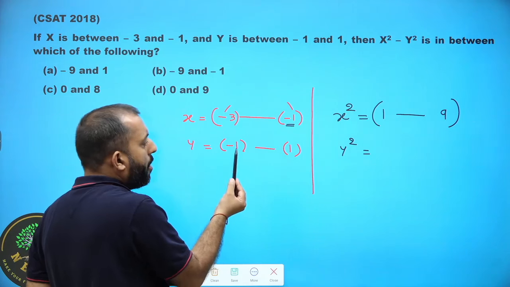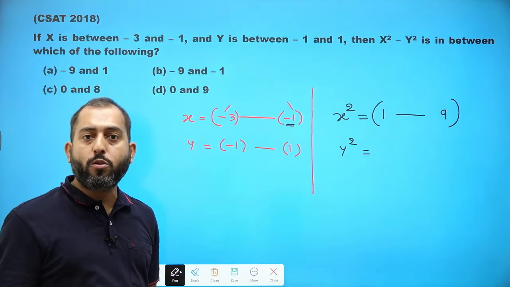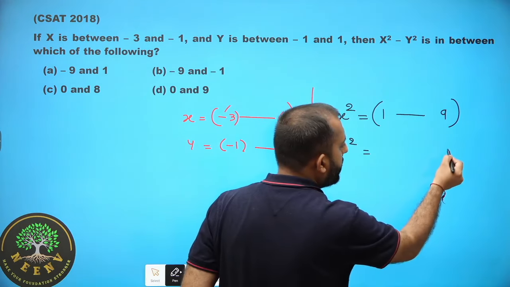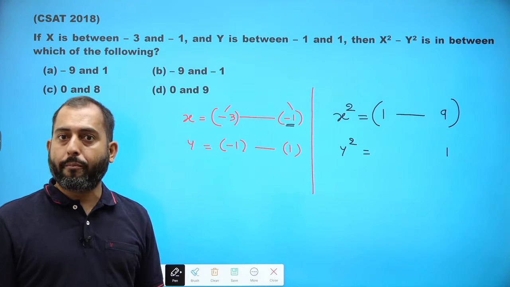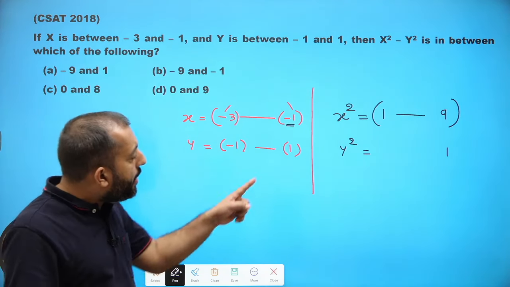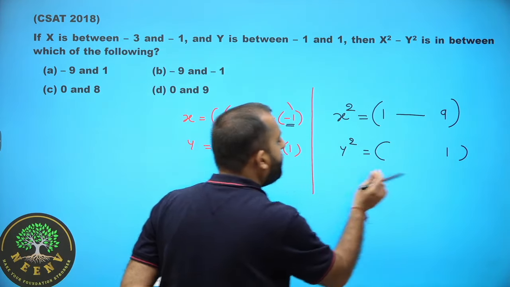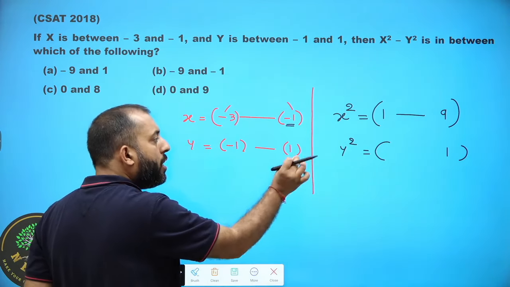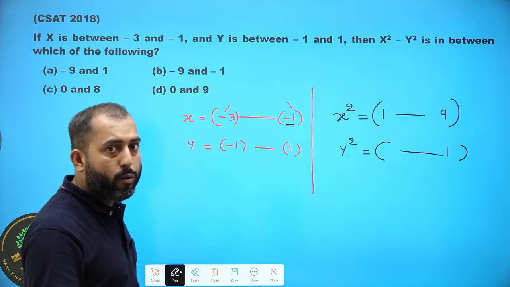What is -1 square? -1 square is 1. What is 1 square? 1 square is also 1. So in case of y square, the maximum value of y square will be 1 only.